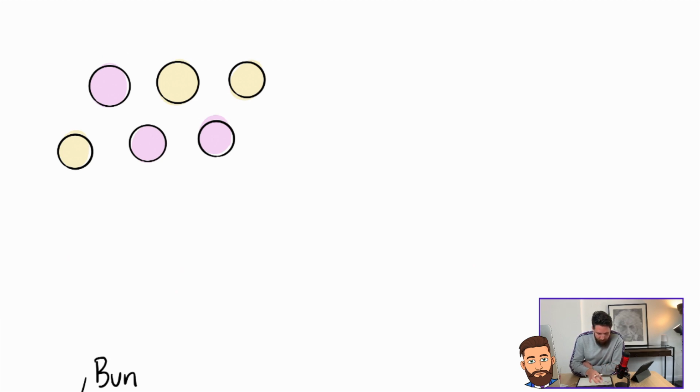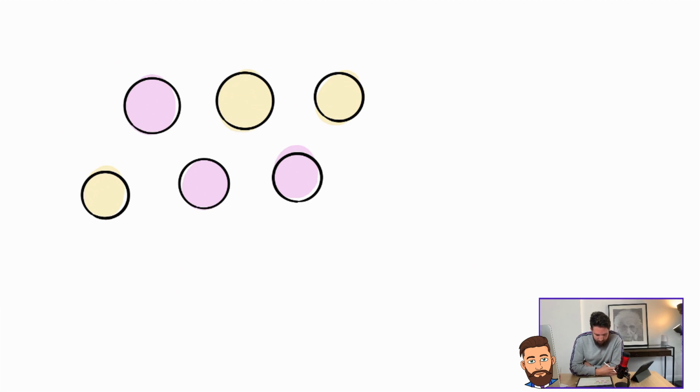So for example, if we look at this diagram here, we can see that we've got some counters. Generally, when you learn ratio at the beginning, you always start with some sort of balls in a bag or counters. Here we have 1, 2, 3 pink counters, and we've got 1, 2, 3, 4 yellow counters.